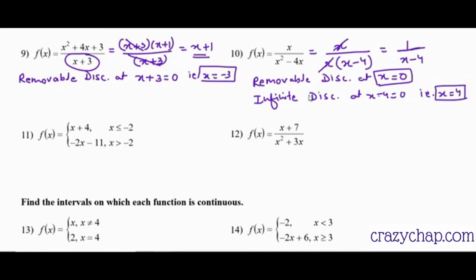Okay, let's try question number 11. The function is written differently in 11. It's a piecewise function, so we'll solve it in a different way. We have to check where the function is discontinuous.